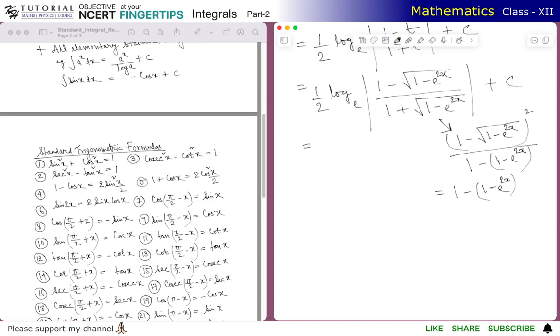We can leave it here also. This is fine, but let me see if we can further simplify the term inside the argument to log, if it becomes a little more simplified form or not. Minus 2 divided by e to the power 2x.